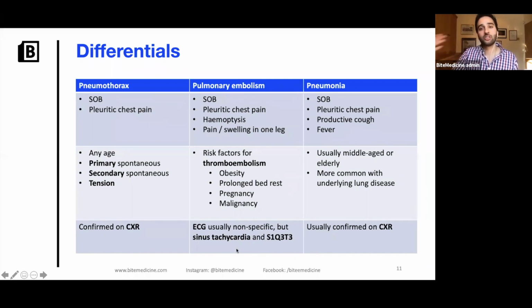You're going to go on to do a CTPA, etc. Whereas pneumonia, often you can just diagnose it on a chest X-ray if it's a typical pneumonia. So if you haven't seen our webinar on pneumonia, then have a look back. I think it was the last one or the one prior to that for a really good lowdown on pneumonia. And so that's a good way to differentiate the 3, particularly in terms of symptoms and presentation and risk factors.